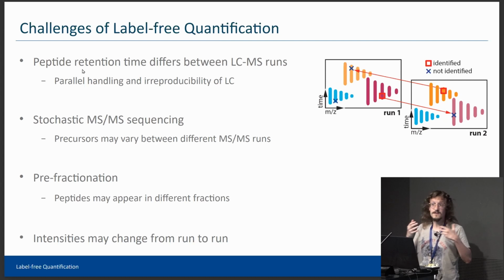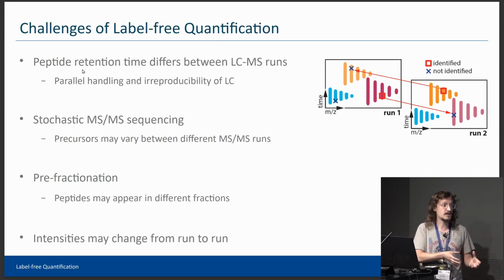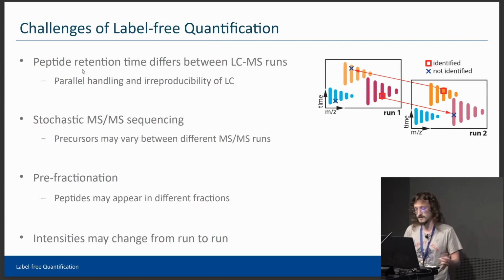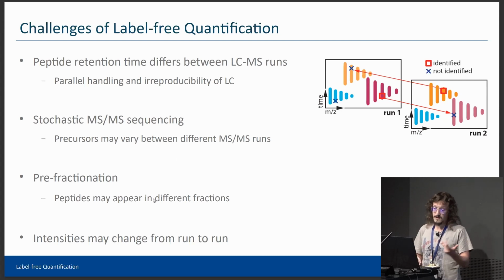So maybe in the first one, you select certain precursors. In the second one, you select others. If you then pre-fractionate your data, you create another level of complexity that will cause your samples to be different, so not to be analyzed together. So you have to take into consideration these differences when you compare the data. These things will make your data incomparable.